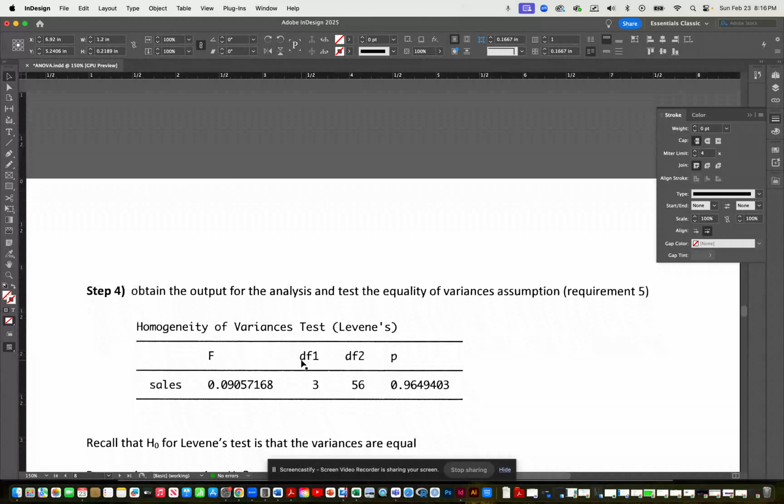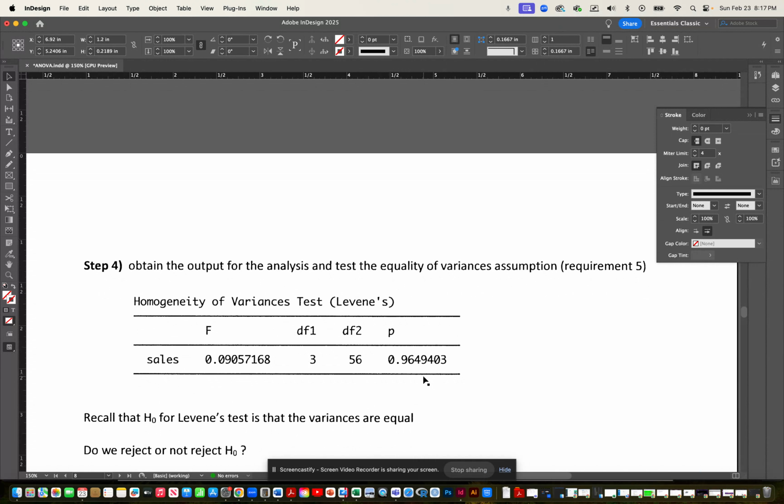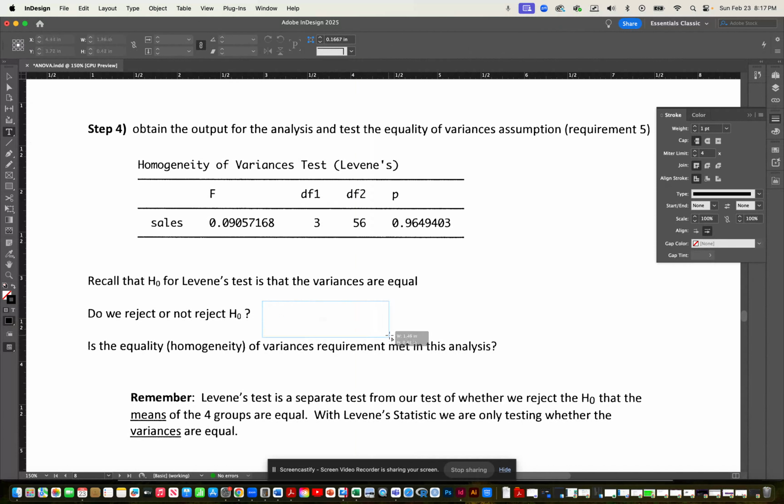We obtain the output for the analysis and test the equality of variances assumption. So recall that the Levene's test, just like what we did in the t-test, is not going to help us answer our research question. This is just a preliminary test, part of going through our different assumptions and requirements. And this would be the output that we get. We look at the p-value, and when it's large, like this one, greater than our alpha 0.05, then we will not reject our null hypothesis in this case.